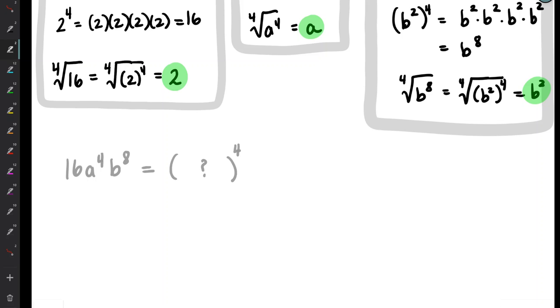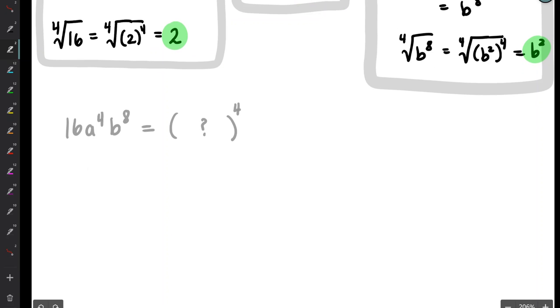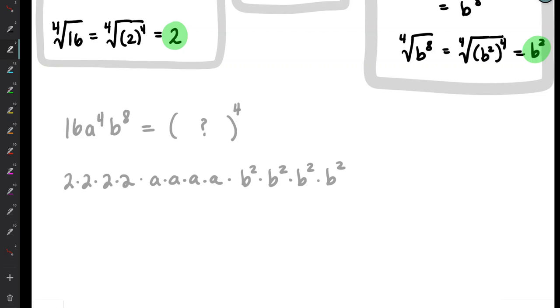So apparently these things are perfect powers of 4. 16 is 2 times 2 times 2 times 2. A to the 4th is a times a times a times a. And b squared times itself 4 times is b to the 8th.